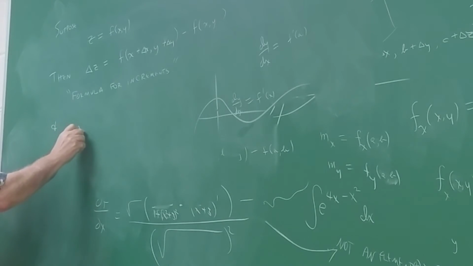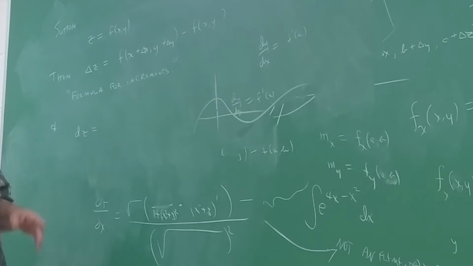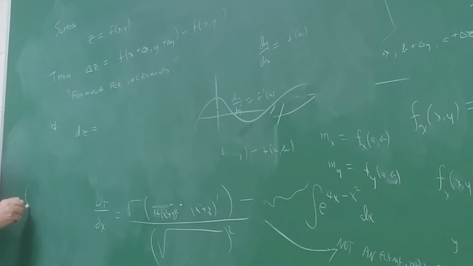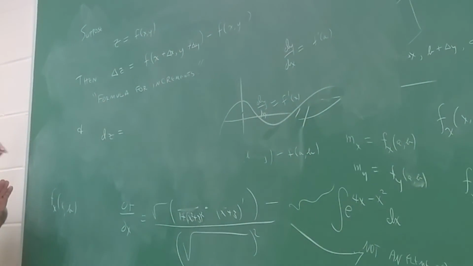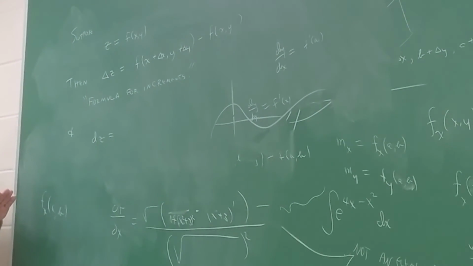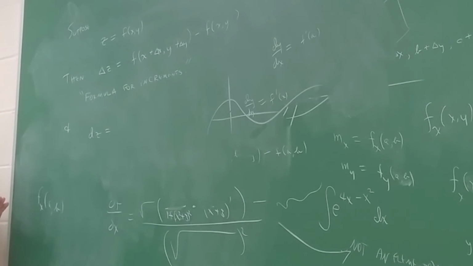And dz is, and instead of writing f sub x at a, b, that would be if I was at one tangent plane and one tangent plane only, and just moving around on it. But if I was at 5, 7, then I'd get f sub x at 5, 7. But if I want to move over here, well, maybe I'd be doing f sub x at 2, negative 13 or whatever.